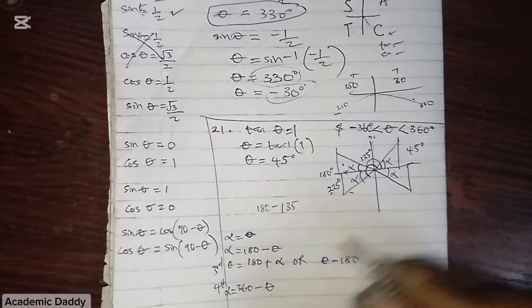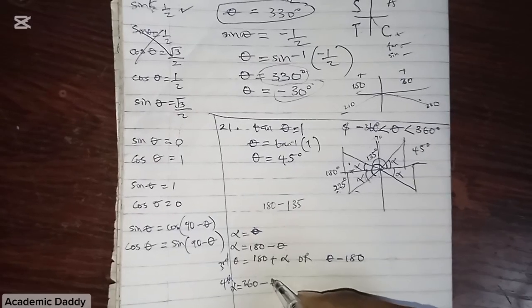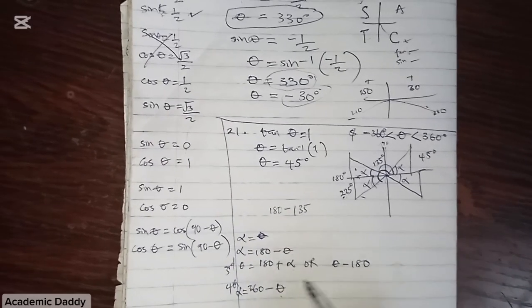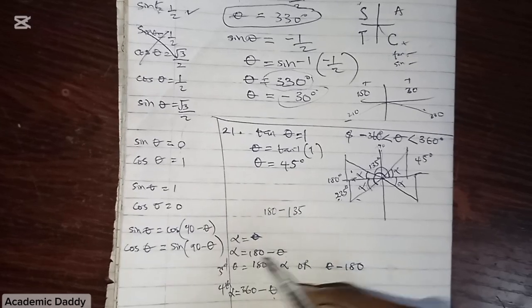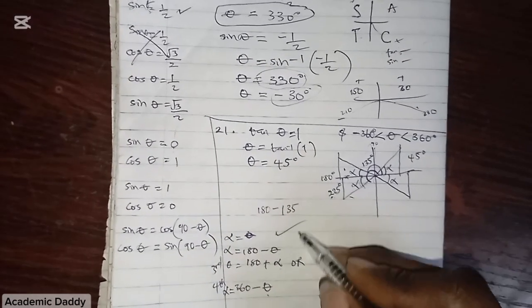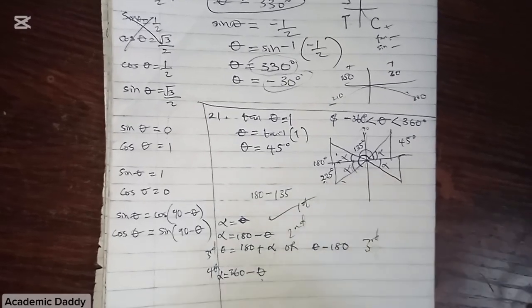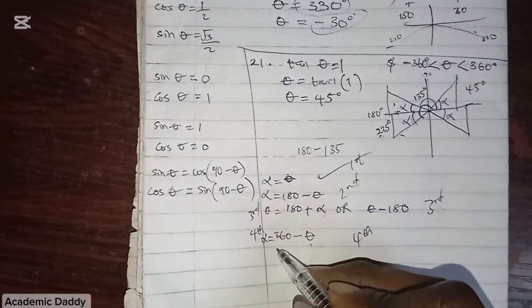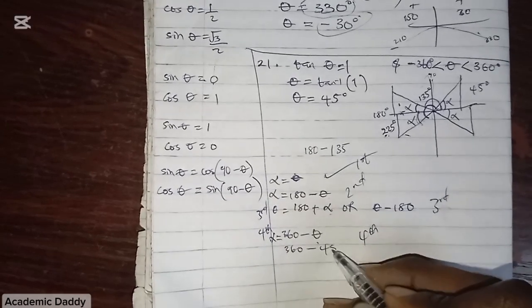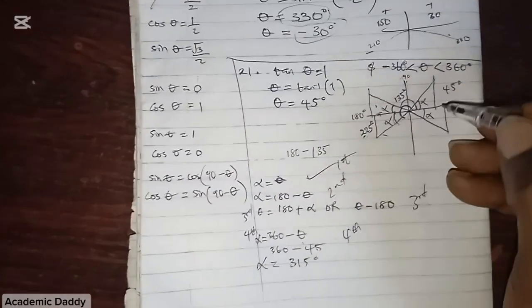So this theta, remember, in the first quadrant is theta, in the second quadrant you are doing this is first quadrant, second, third, fourth. How to get it? I'll do 360 minus 45, which equals 315 degrees.